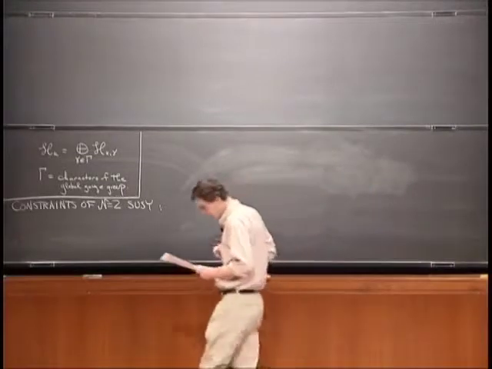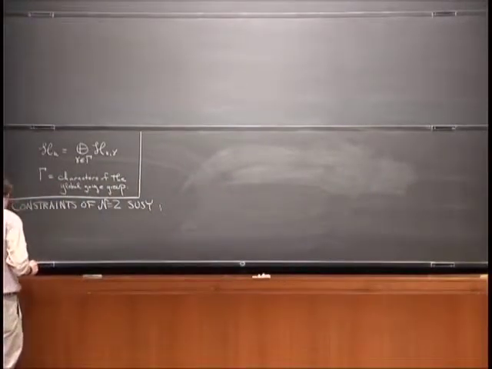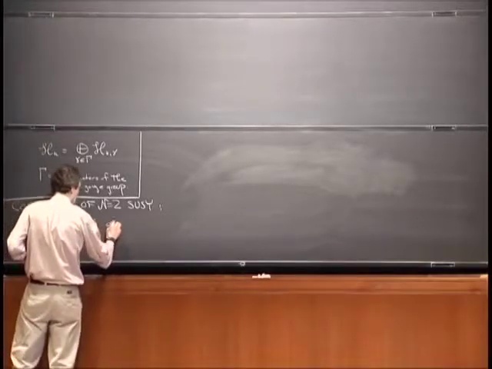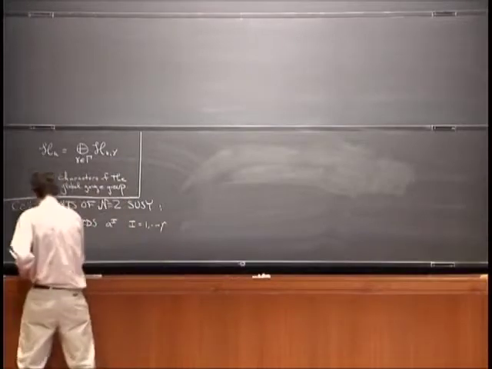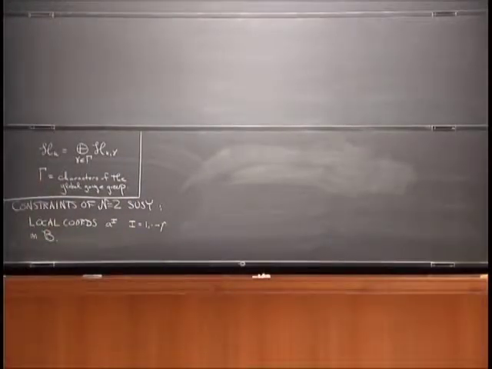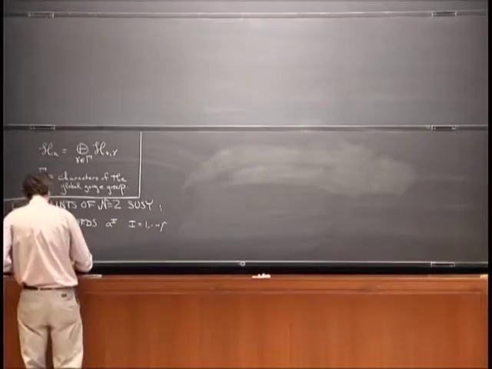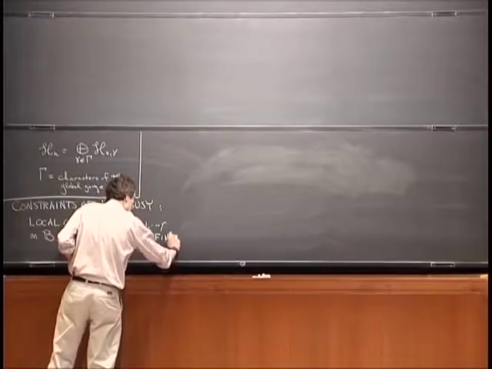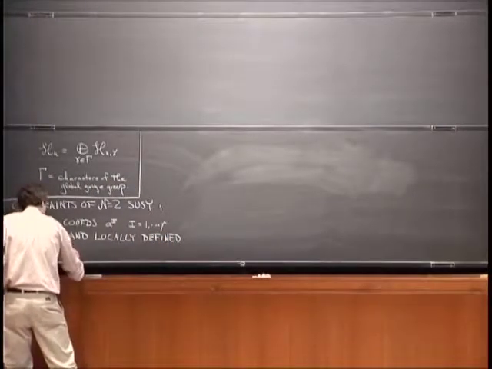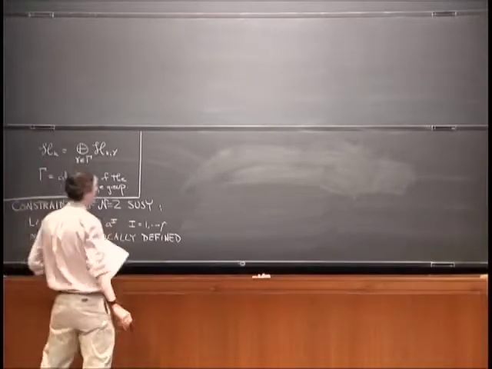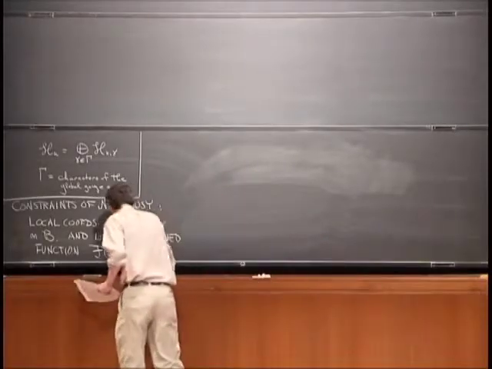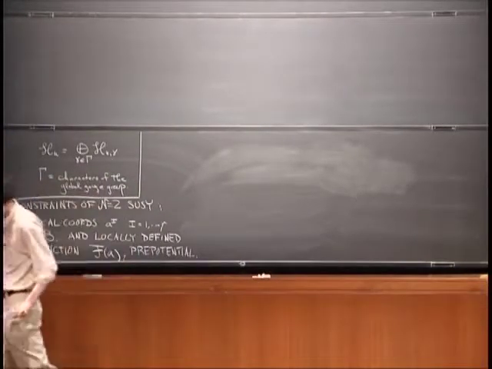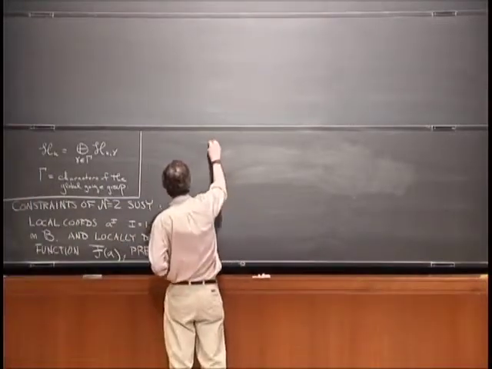Okay, so back to the constraints of supersymmetry. One thing it says is that there are local coordinates a^I, where I goes from 1 to R, on B. So in particular, B is R complex dimensional, and there is a locally defined function, and here I do mean the prepotential, curly F, which determines for us this complex structure by telling us what the tau_ij is in some duality frame.